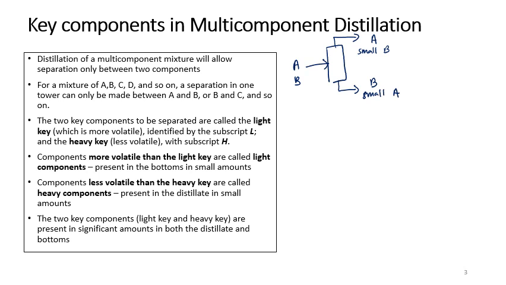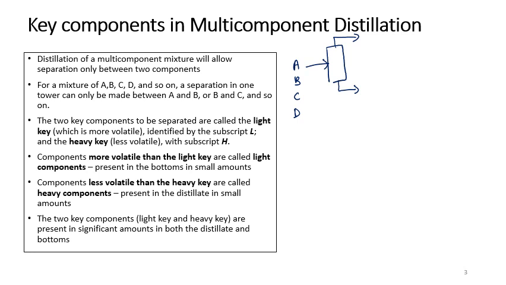But for a multi-component mixture, you have to decide what the key components are, because distillation of a multi-component mixture allows only the separation between two components, I mean the split of the two components. So let's say in this case you have a mixture of components A, B, C, and D. These are arranged according to their boiling point.